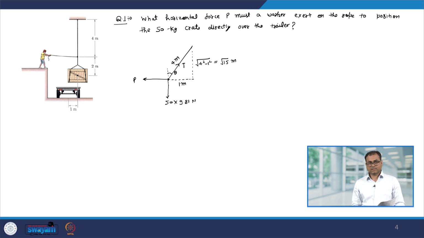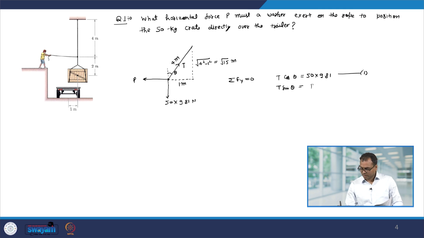Now, let us balance the vertical and horizontal forces. First, let us balance the vertical forces. Summation Fy should be equal to 0, that means the forces in the y direction should be balanced. So, T cos theta should be 50 into 9.81 and T sin theta should be P. Okay.